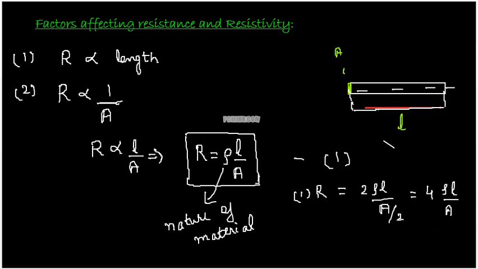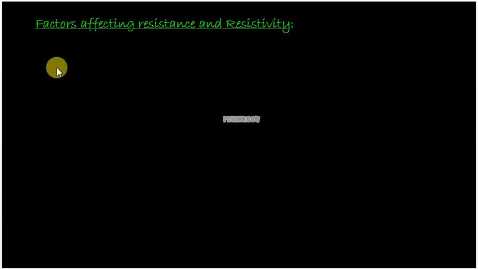Similarly, if you have it for area, you thicken a wire by doubling it on itself. So in that case, the length becomes half. So what should be the resistance? The length becomes L by 2 and the area would become 2A. So we have thickened the wire, we have doubled the area of cross section.